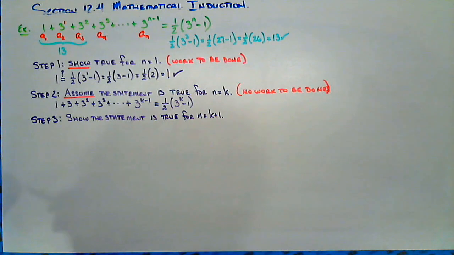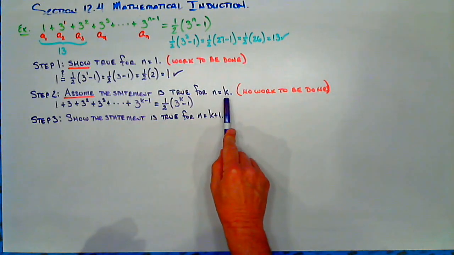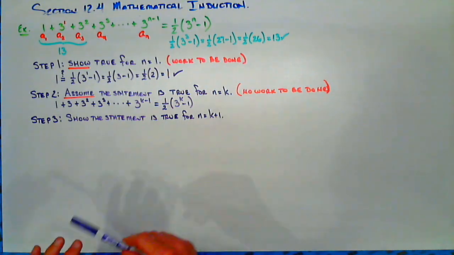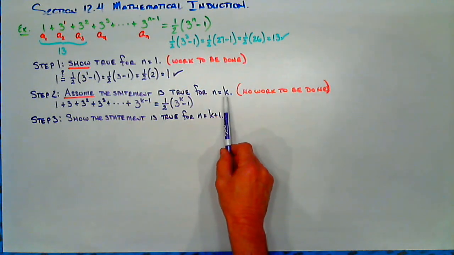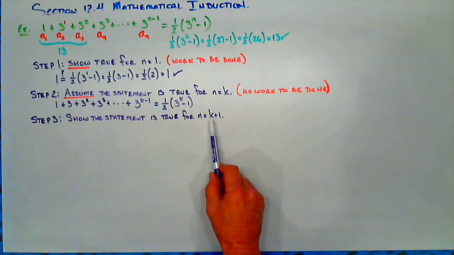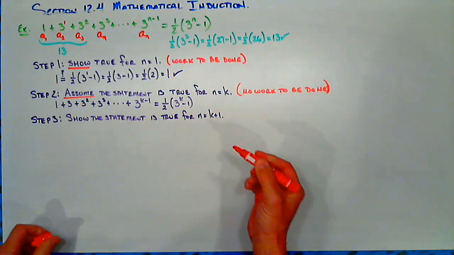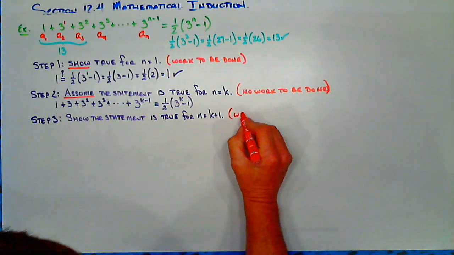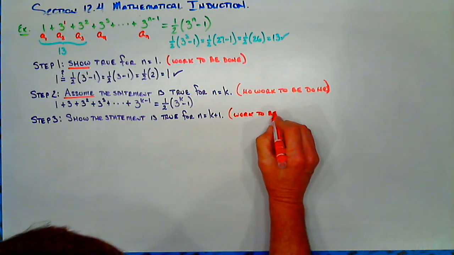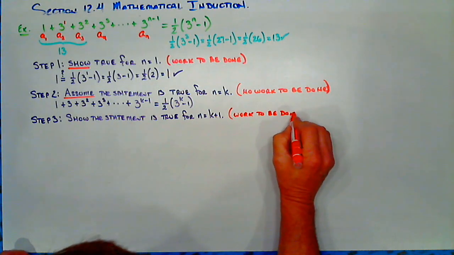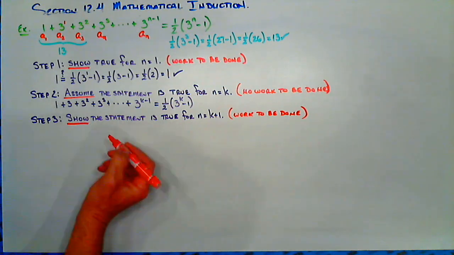Our second condition said if the statement is true for an integer, we called that integer k, then it must be true for the next integer. So the integer that follows k is k plus 1. Now remember, this step has work to be done, because our word here is to show.